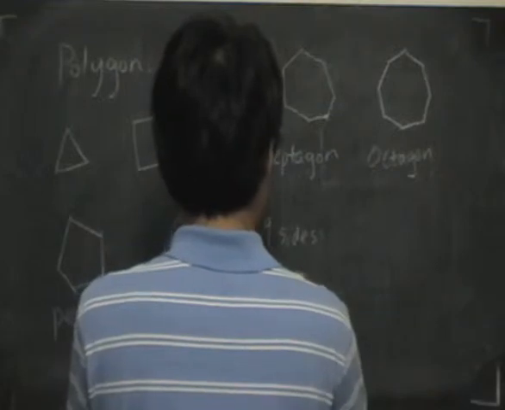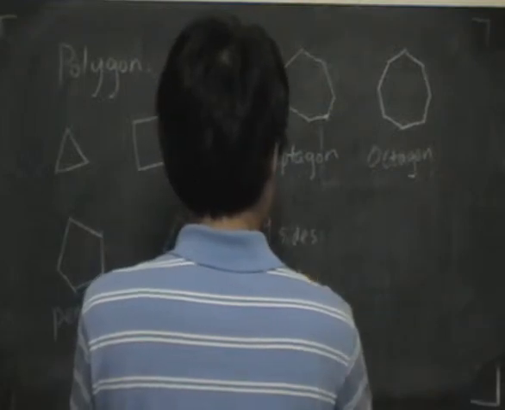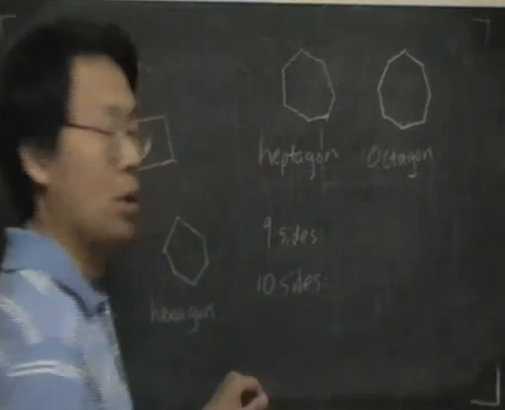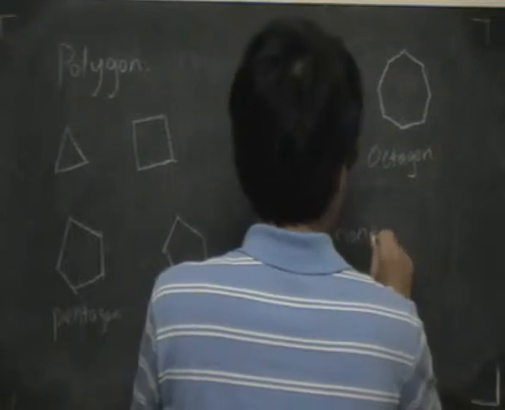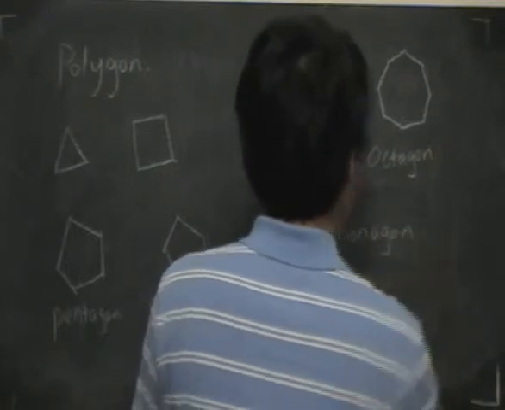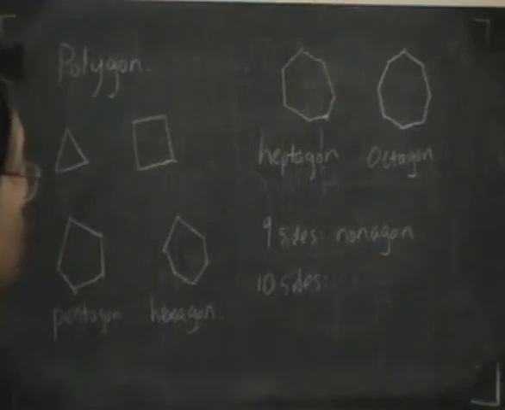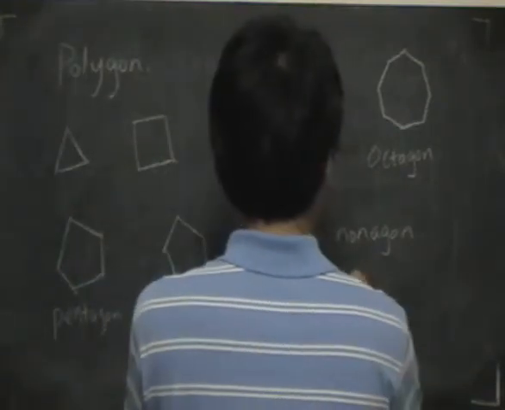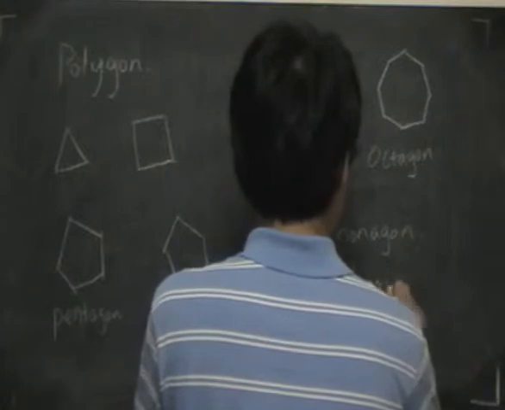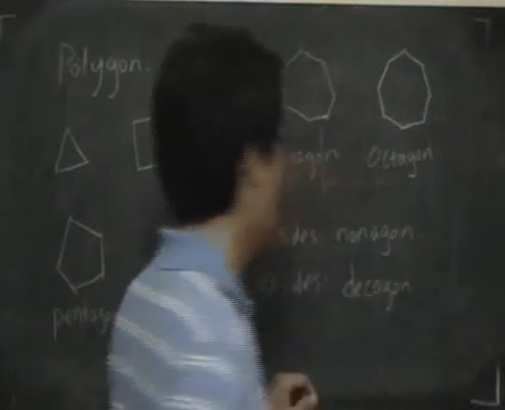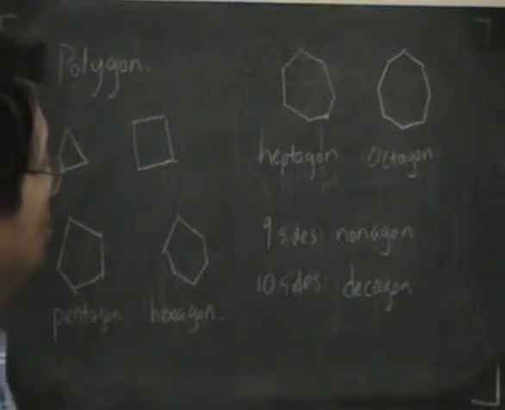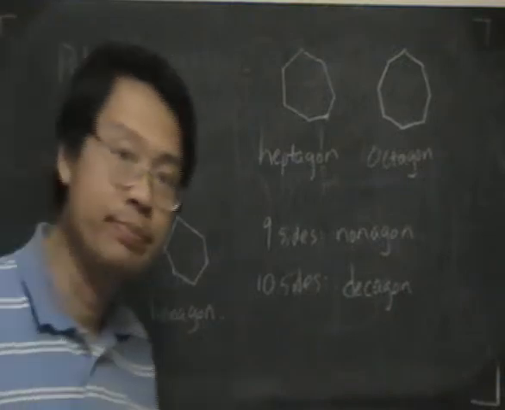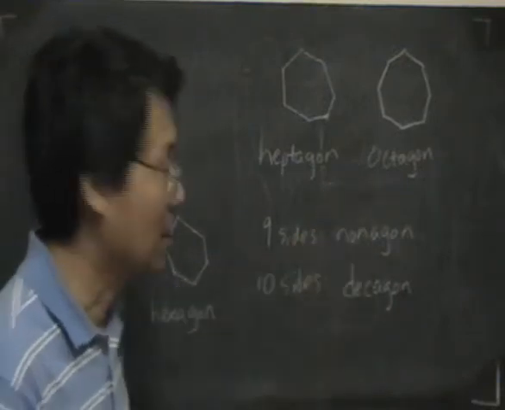I'm just going to write down the name. A polygon with 9 sides is called a nonagon, and one with 10 sides is called a decagon. Now we don't often see this, you're more likely to see maybe a hexagon or a pentagon, or maybe at most an octagon.